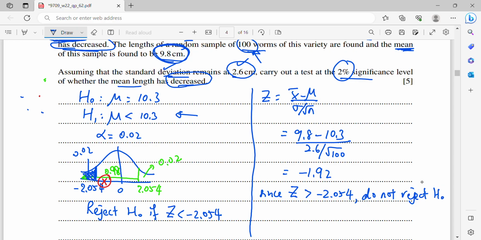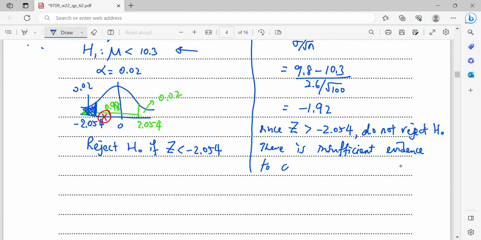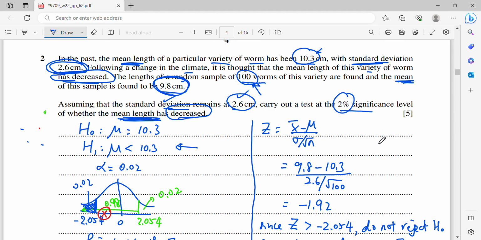So the conclusion is going to be based on the mean length. So I will say there is insufficient evidence to conclude that the mean length, or as I said, the population mean length, right?